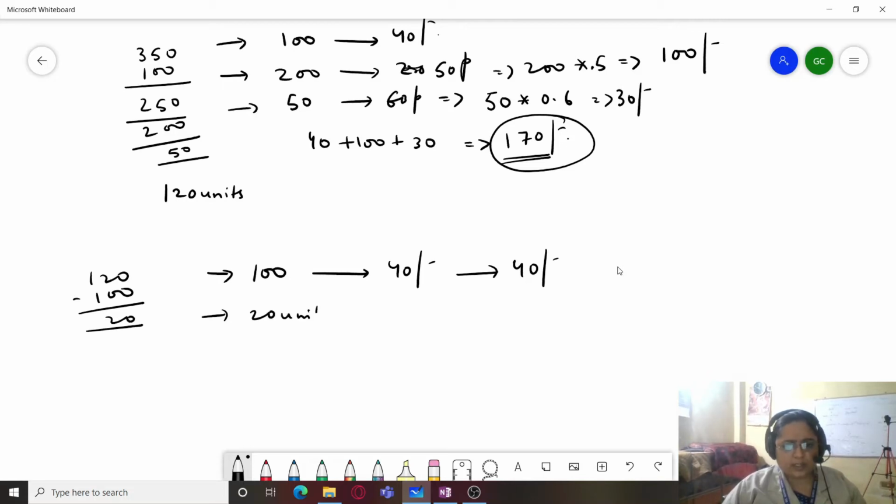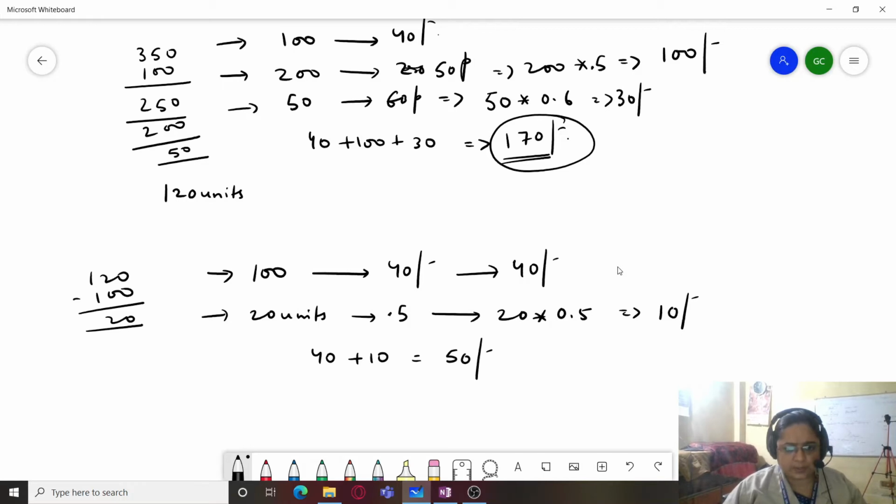Now which range do these 20 units fall within? They fall in the second slab, that is 101 to 300, where we have to pay 0.5 rupees per unit, and that would be 20 multiplied by 0.5, which will give you 10 rupees. Okay, so my total will be 40 plus 10, which is equal to 50 rupees.